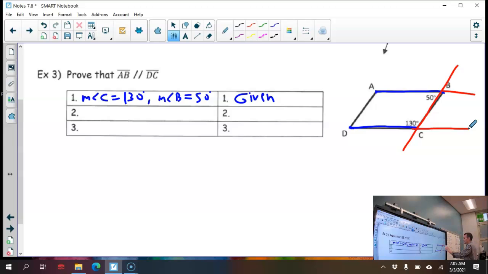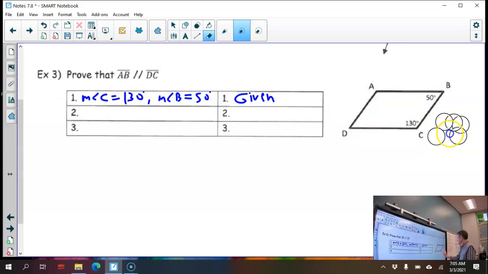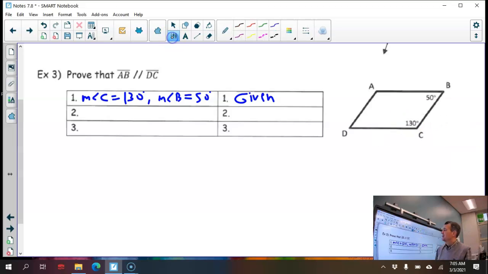Those two angles are same side interior angles. And because they are same side interior angles, I have a theorem about them. We have a theorem that says when the same side interior angles are supplementary, then the lines must be parallel. We do.